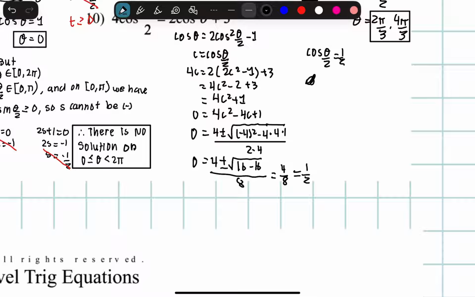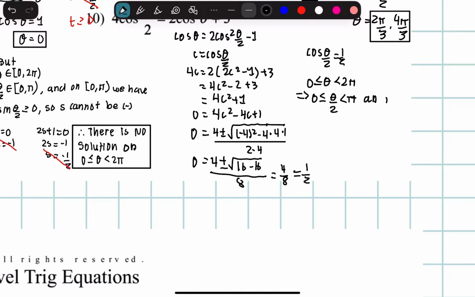And also we have 0 less than or equal to theta less than or equal to 2 pi. Therefore we have 0 less than or equal to theta over 2 less than or equal to pi.